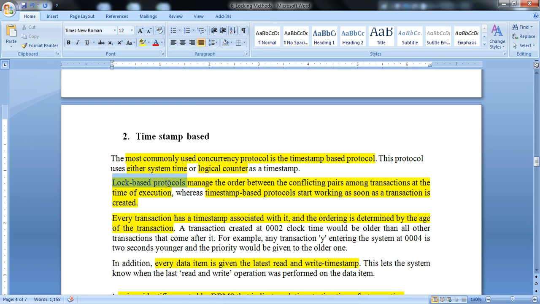Then a lock based protocol manages the order between the conflicting pairs. Lock based protocol means the previous method. It manages the conflicting pairs among the transactions at the time of execution, whereas a timestamp based protocol starts working as soon as the transaction is created.